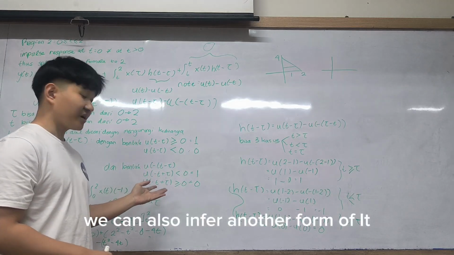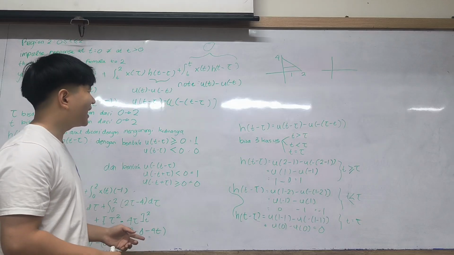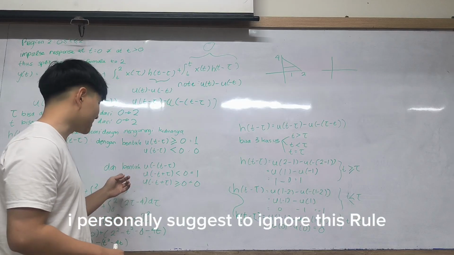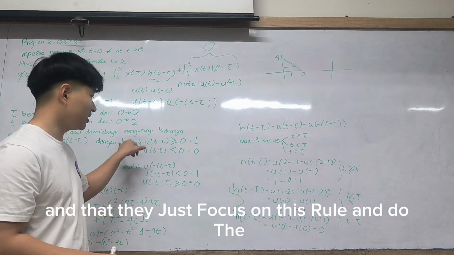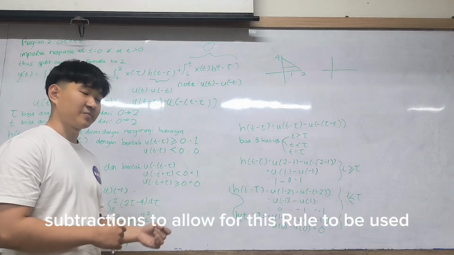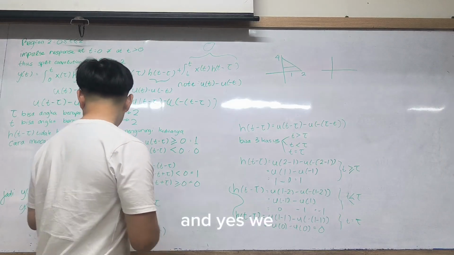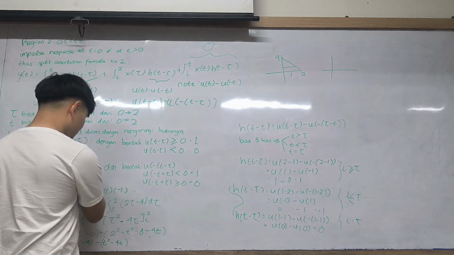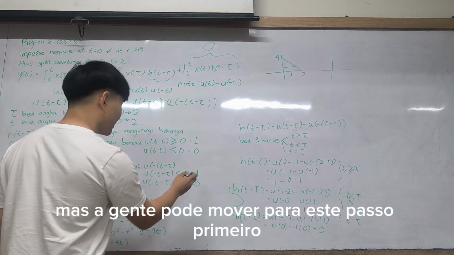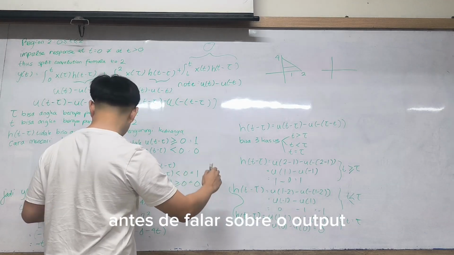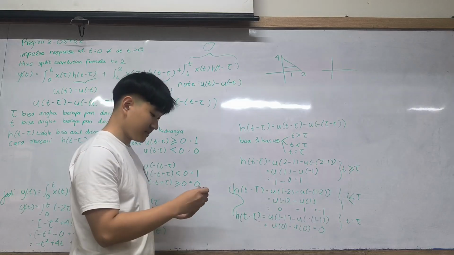We can also infer another form of it. However, I personally suggest to ignore this rule, just focus on this rule, and do the subtractions to allow for this rule to be used. And yeah, we can move to this step first before we talk about the output.